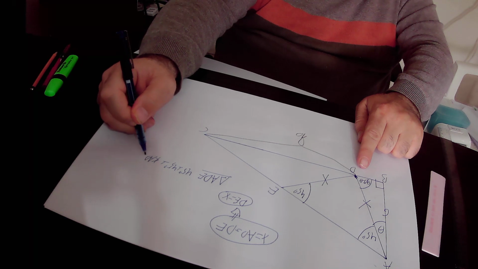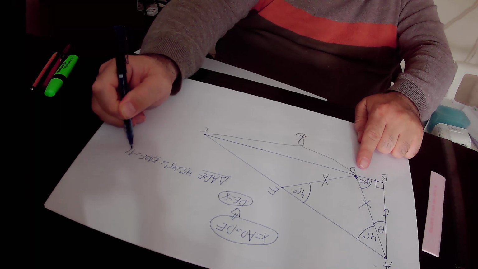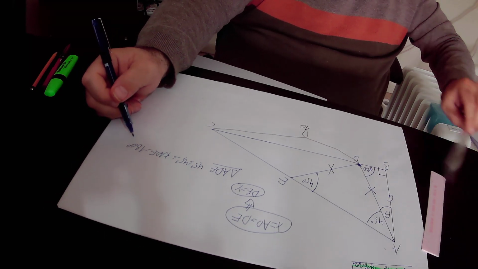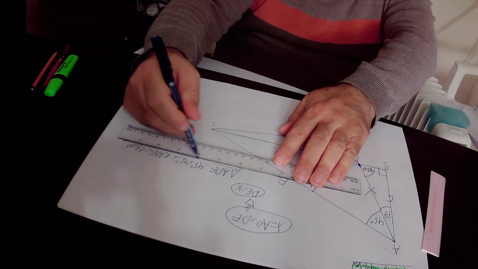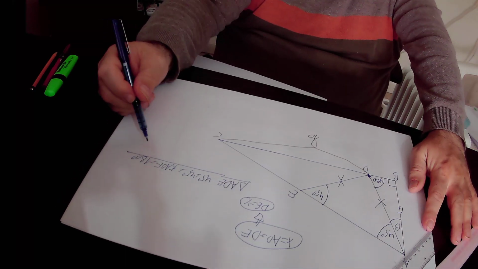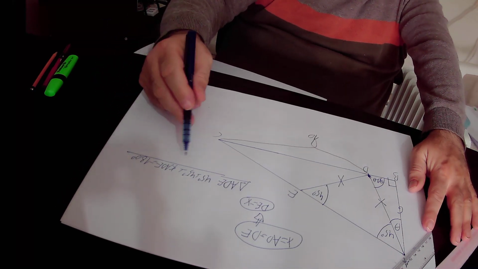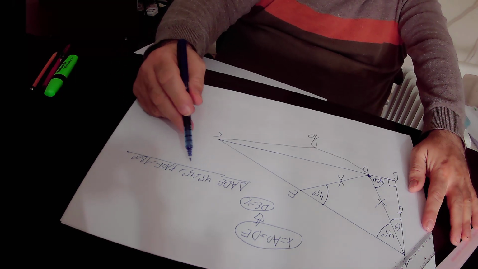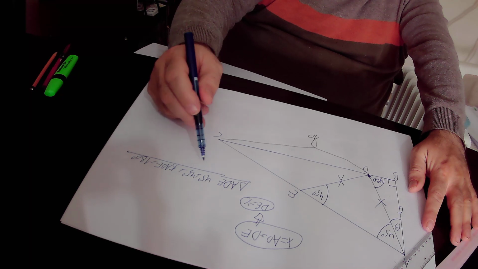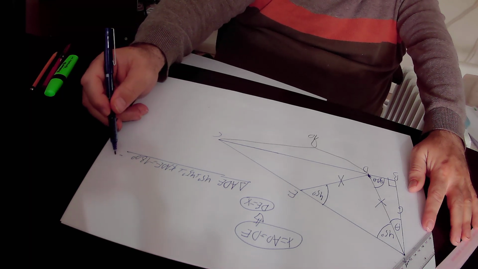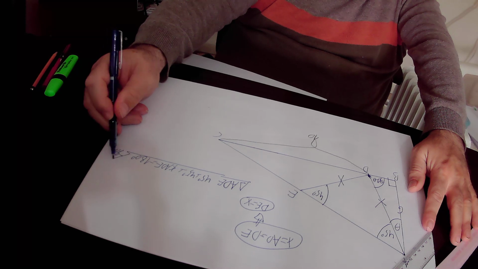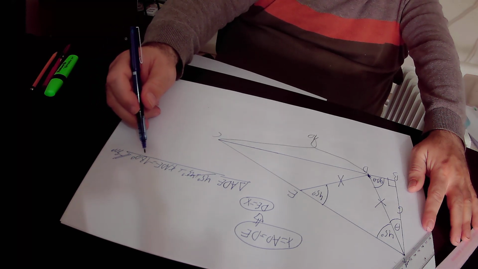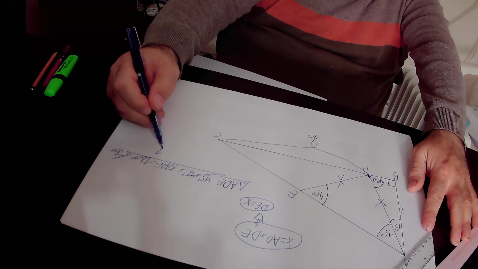In total, the sum of those three angles must be equal to 180 degrees, according to the rule that the sum of the angles in any triangle is equal to 180 degrees. 45 degrees plus 45 degrees is 90 degrees, so we subtract 90 degrees from this equation. 180 degrees minus 90 degrees is 90 degrees.